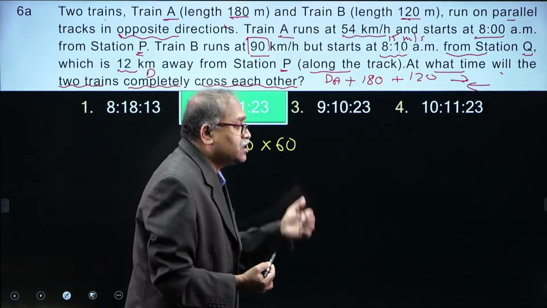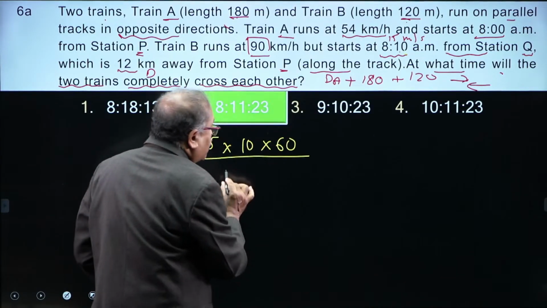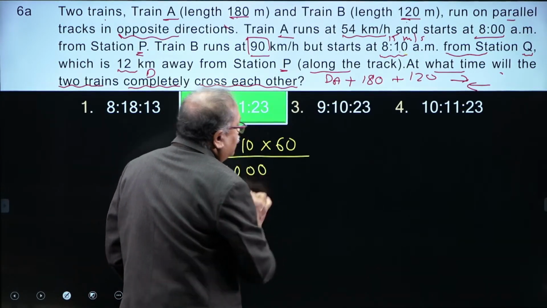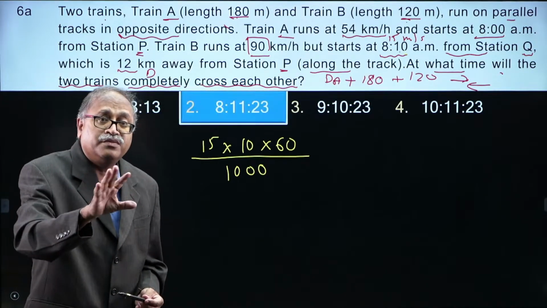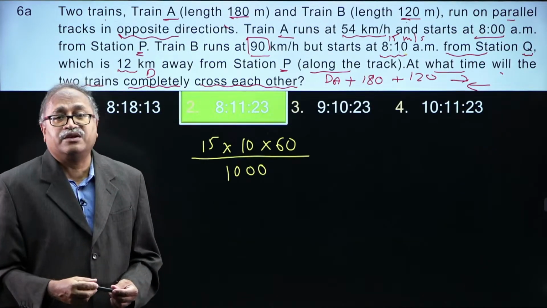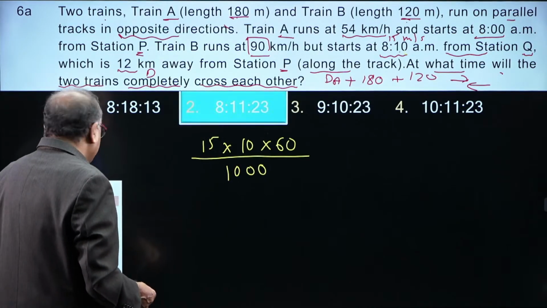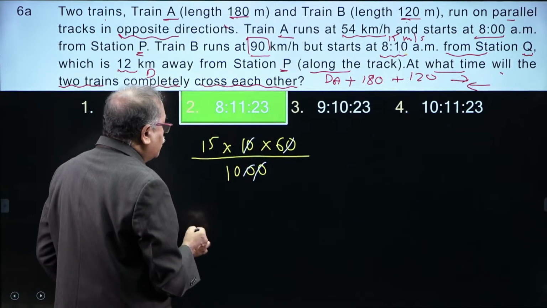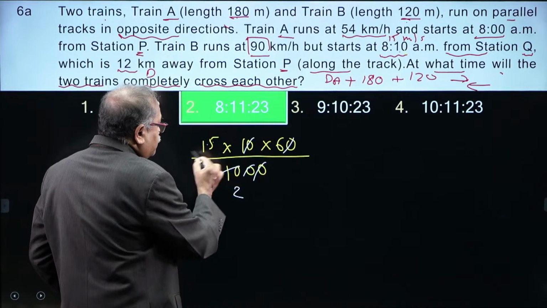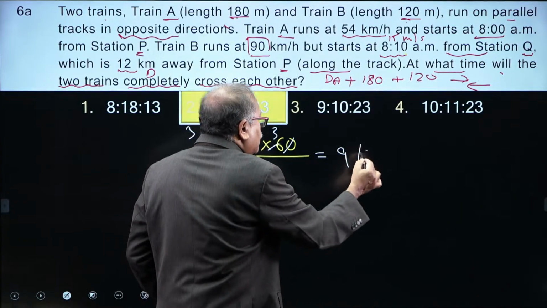This is the length, and if I divide this by 1000, then I will get the distance in kilometers. How much distance is covered in 10 minutes? Look at this one, the zeros get cancelled over here. Zeros 1, 2, 1, 2 get cancelled, and this is 2 times, this is 3 times, and this is 3 times, that means 9 kilometers.